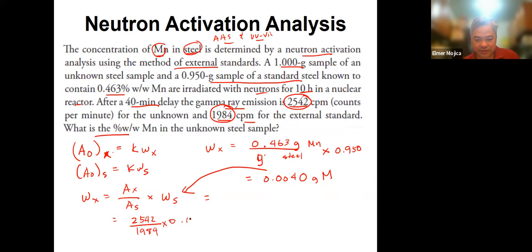And then this one, so how many grams of manganese do we have? What is the answer, class? So you have 5.64 times 10 to the -3.